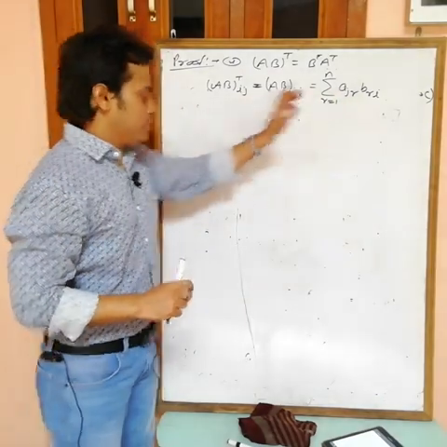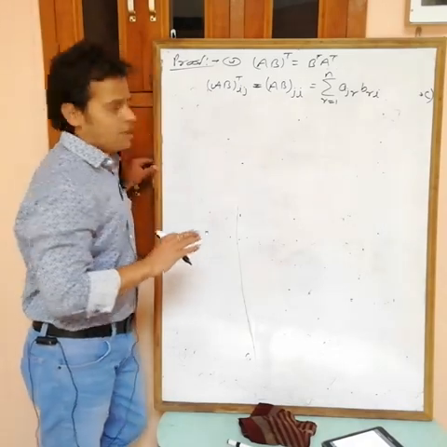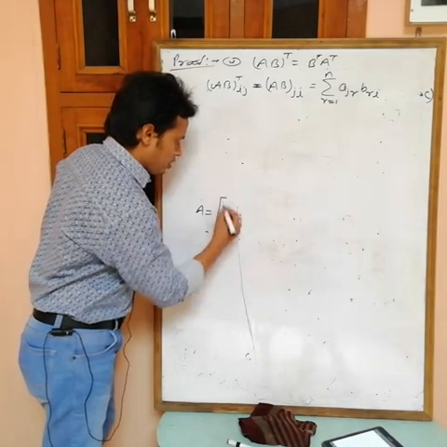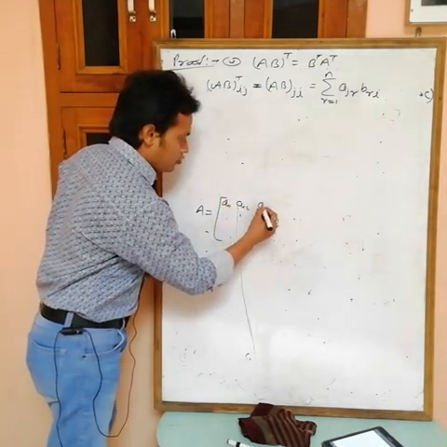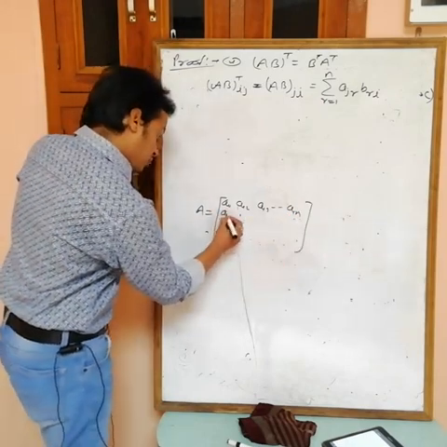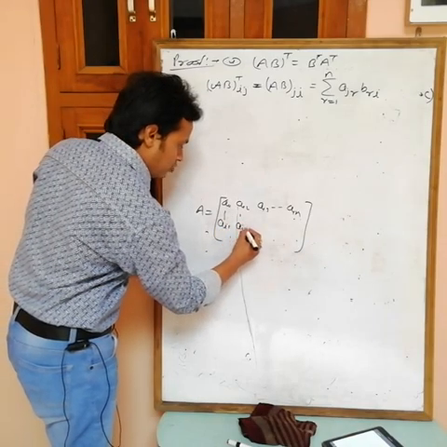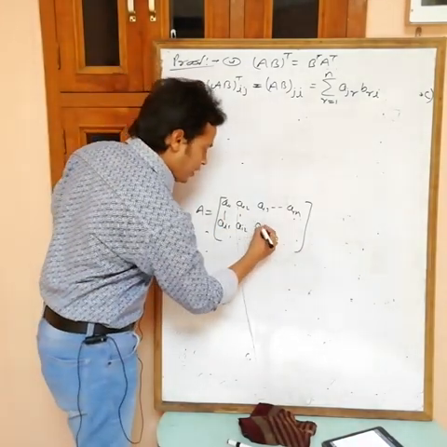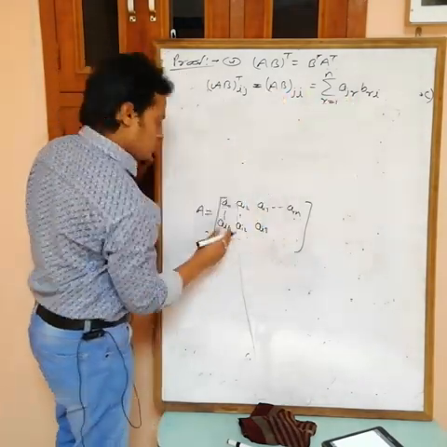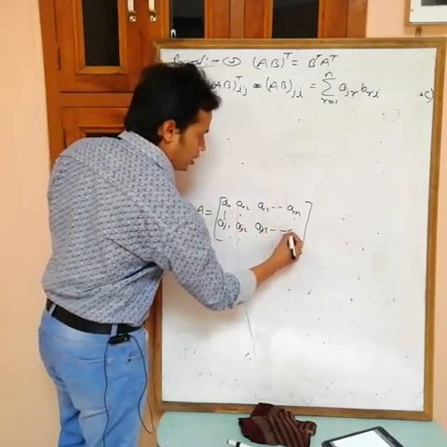How am I getting this one? See, suppose A and B are both n order matrices. A is this: A11, A12, A13, A1n, A21, somewhere we have Ai1, Ai2, Ai3, and sorry, I want the jth row now, so Aj1, Aj2, Aj3 and Ajn.